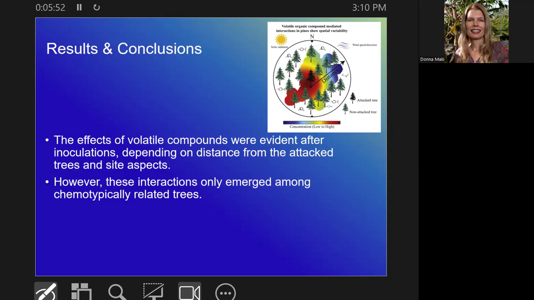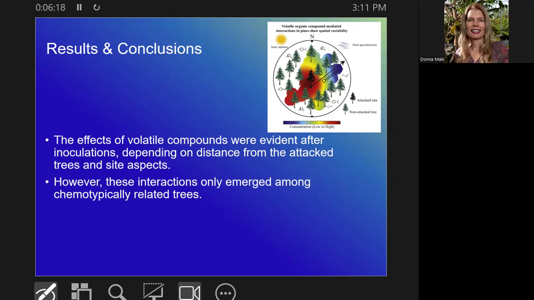But one of the very interesting findings was that they could show that it was really only very closely related trees in terms of their chemotypes. So this is looking at the type of secondary metabolites that they make. And if you have similar secondary metabolite production, you're chemotypically similar.